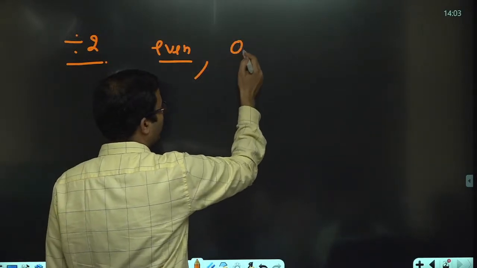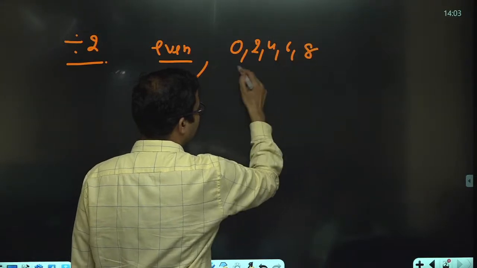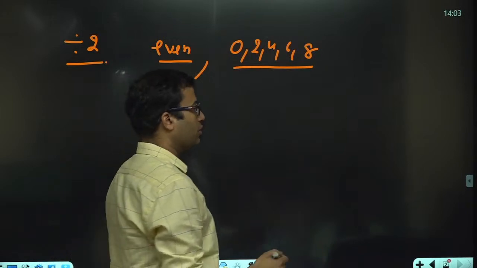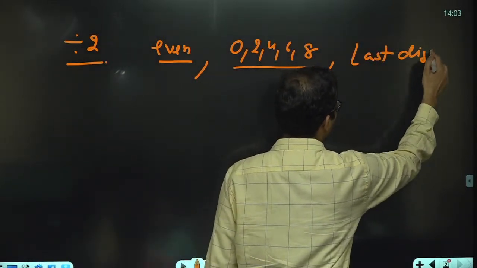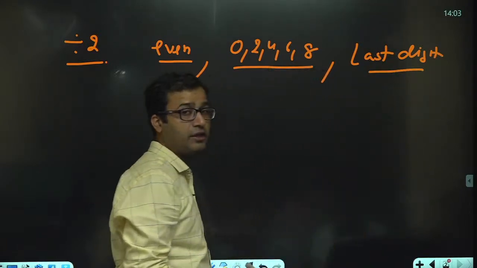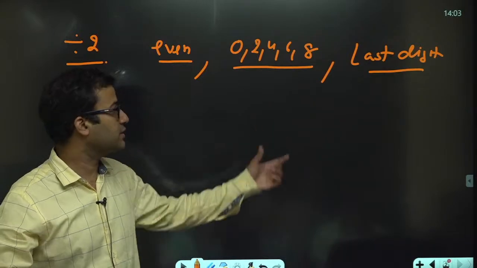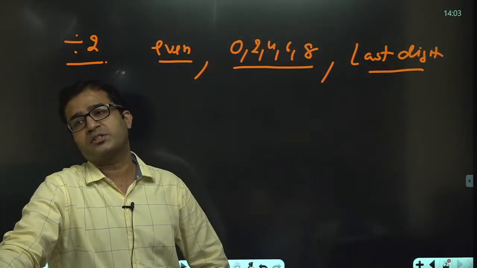If at unit place it is 0, 2, 4, 6, 8, it is divisible by 2. We have to check only the last digit. No need for 10 place, 100 place, 1000 place. We are not bothered about those. Only the unit place digit is more than enough.